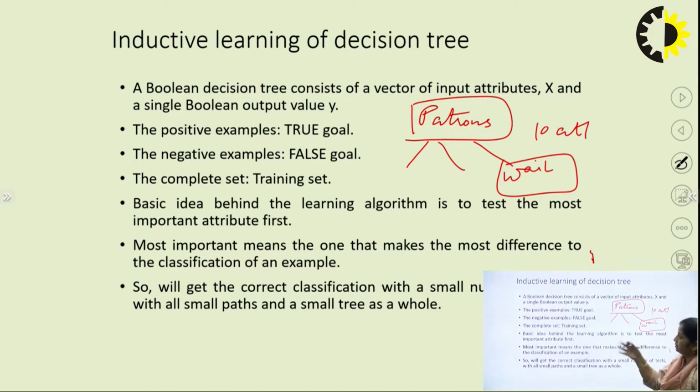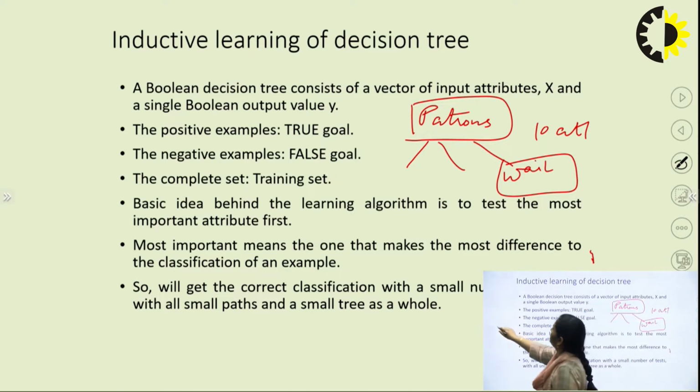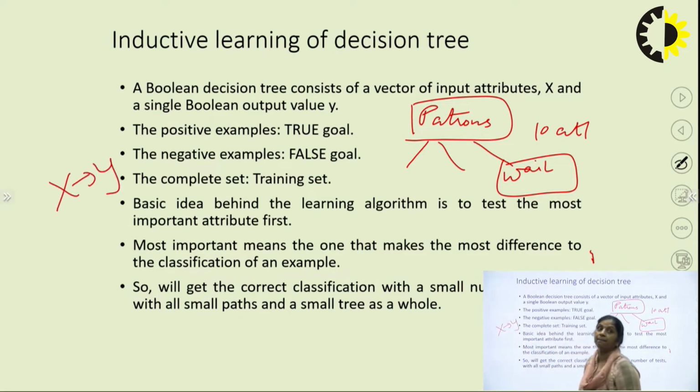So what is given to us? A Boolean decision tree consists of a vector of input attributes x and a single Boolean output value y. So we will be taking the decision from x and our decision will be y. So for inductive learning, what is inductive learning? We are given a data set and from the given data set we learn the rules.